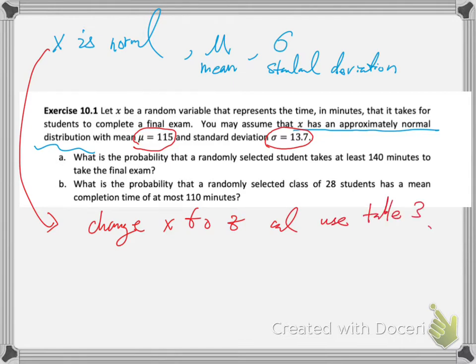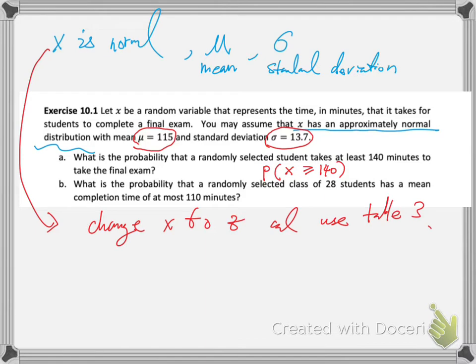Question A is at least 140 minutes to finish the final. That means the probability that X is greater than or equal to 140.